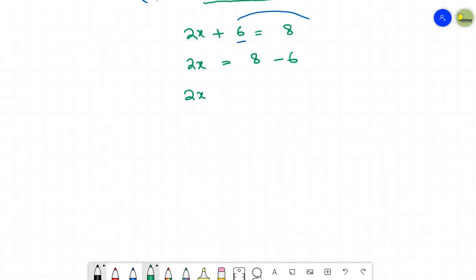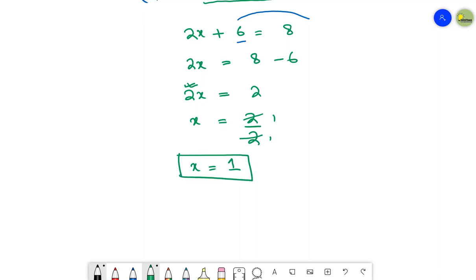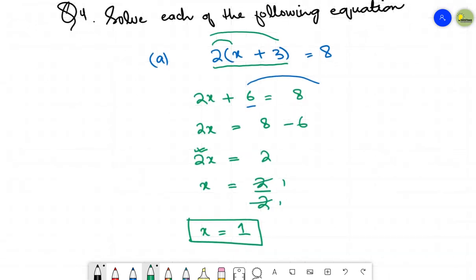Now, 2x equals to 8 minus 6 is 2. 2x equals to 2 means that in order to find out the value of x, this 2 will be shifted in the denominator or in the division. So 2 ones are 2, 2 ones are 2. The value of x that we have calculated is 1. In this way, we have solved this particular equation, part A.